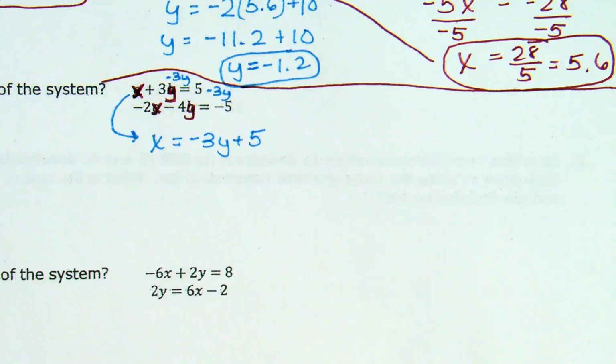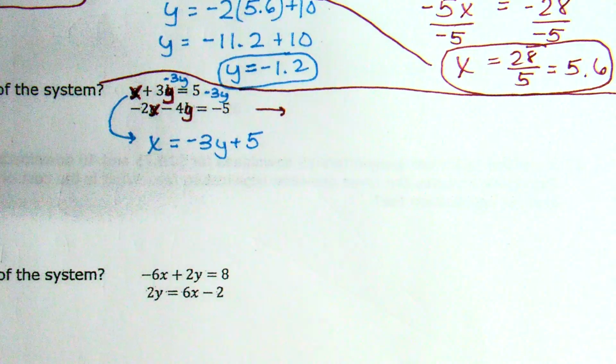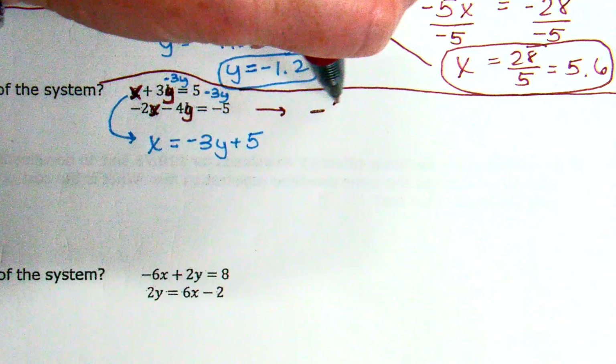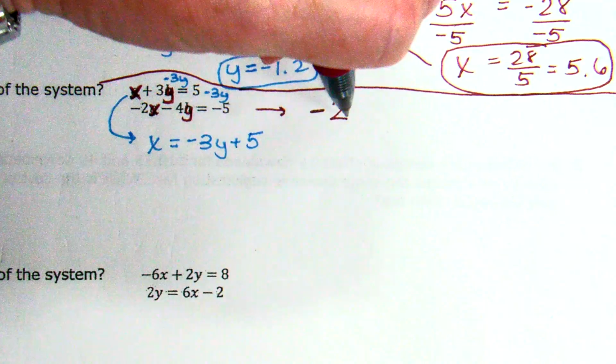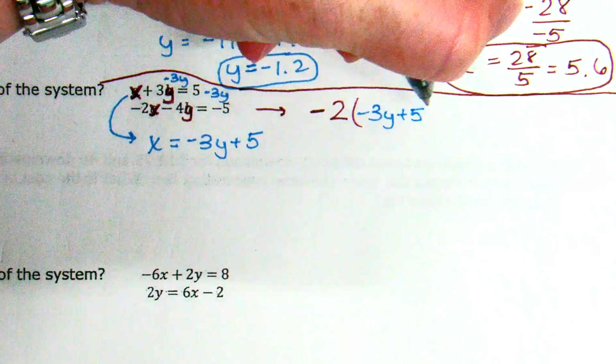Once you have one of your equations, either x equals or y equals, what's my plan? Plug it into the other equation. So in this case, negative 2x minus 4y equals negative 5. So what am I doing? Negative 2, what's x? Negative 3y plus 5.